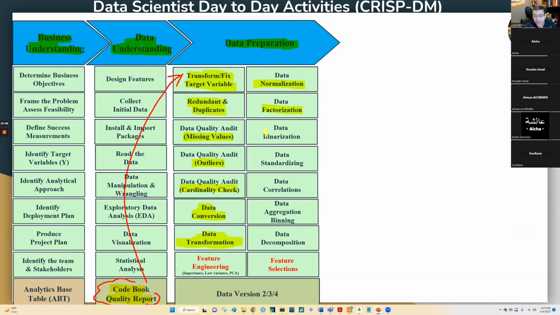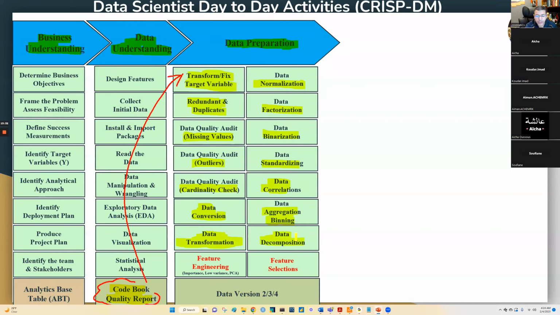Sometimes you might need to factorize, binarize, standardize. Correlation analysis helps us understand the basic relationships and helps us determine what to keep. Sometimes we might need to reduce the dimensionality by applying some simple aggregation and binning.